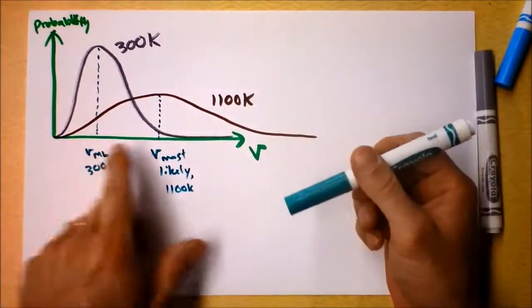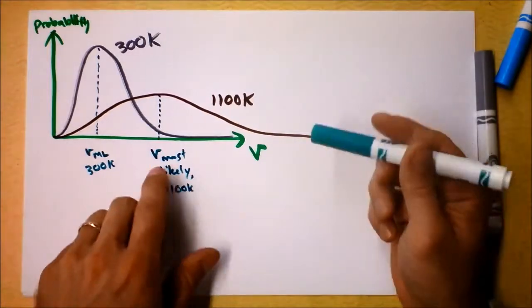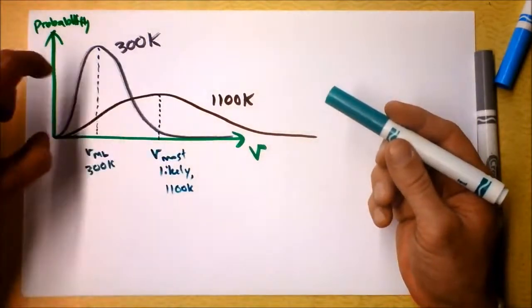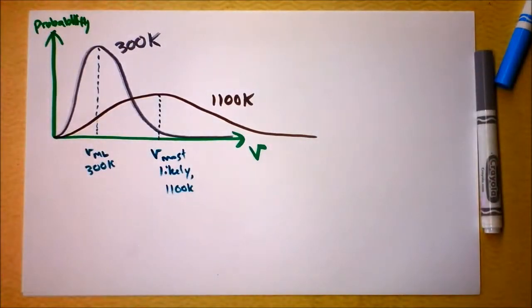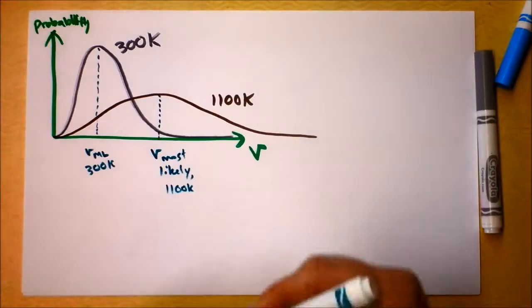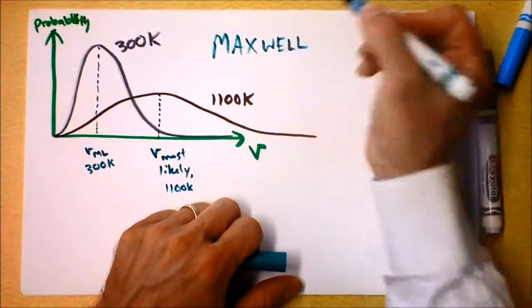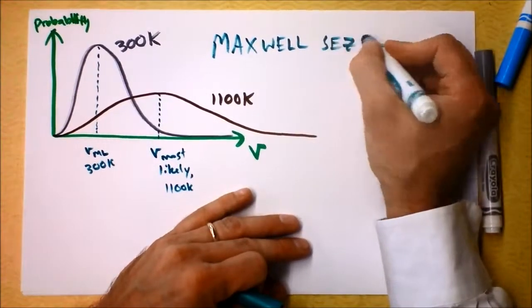So the most common speed is here, and the most common speed is there. It's probably not the same as the mean, but we can work on that later. So this is Maxwell's contribution. Maxwell did some awesome physics. Maxwell says there's a distribution.